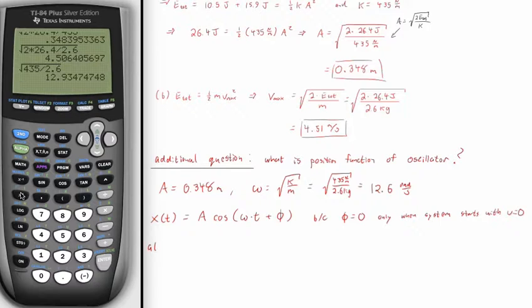So I'm going to say at t equals 0, x of 0 is going to be A times cosine of omega times 0 plus phi, which is just going to be A cosine of phi. And that's going to equal the location at t equals 0. But how do we know that location? Well, we know it using conservation of energy. We can solve for the exact location. Okay?